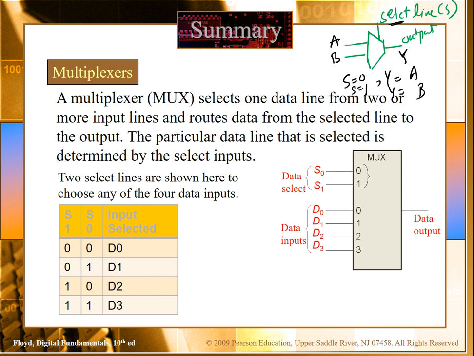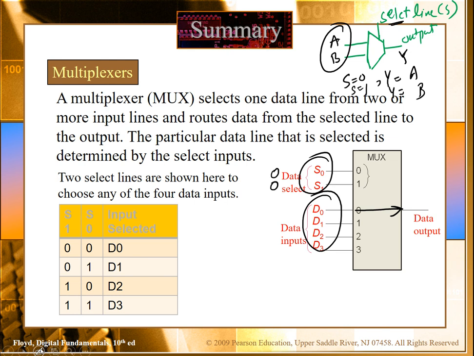So this is the 1-bit multiplexer. The select lines select what kind of input should be routed to the output. This is a 2-bit multiplexer. Now here you have 2 data selection bits and you have 4 inputs. We can make a truth table: if both inputs are 0, 0, my output should be from D0.